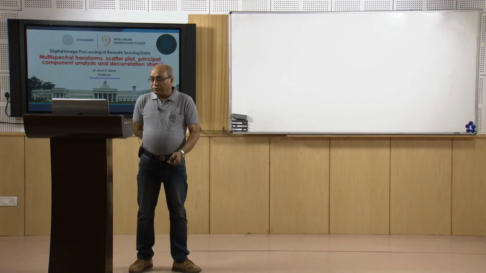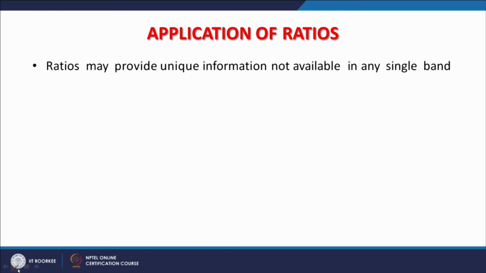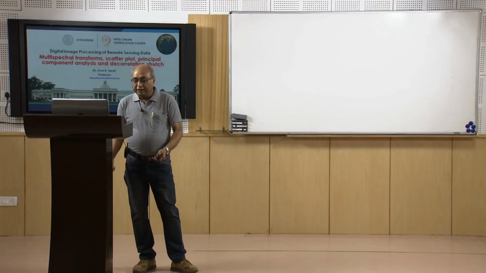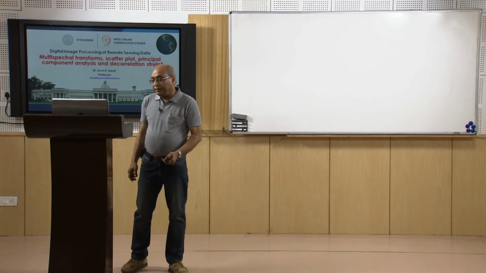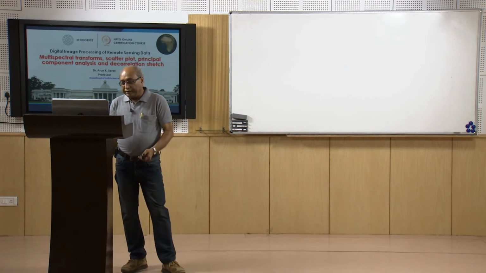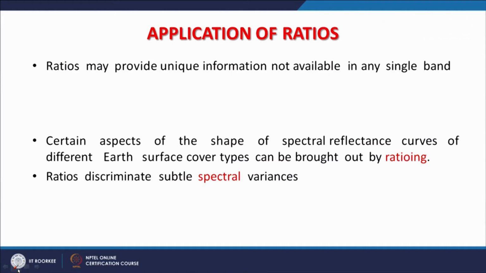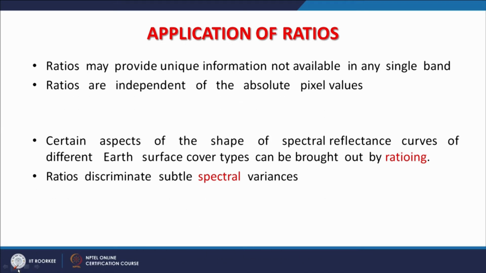Now, regarding applications, ratios may provide unique information not available in any single band, because information from two bands is being used. Ratio is a simple mathematical technique, and ratios discriminate subtle spectral variations. They contain aspects of the shape of the spectral reflectance curves of different earth surface covers, which can be brought out by ratioing.